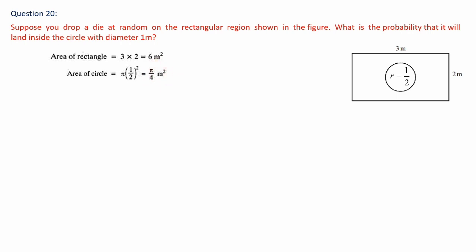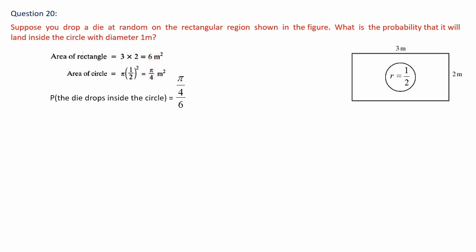Favorable one in the sense of the question: what is the probability that it will land inside the circle? So inside the circle, this much area is your favorable one. And your total area is this one, the area of the rectangle. So the probability of the die dropping inside the circle is favorable outcome divided by the total outcome. Favorable outcome is pi by 4, divided by the total outcome, which is 6.